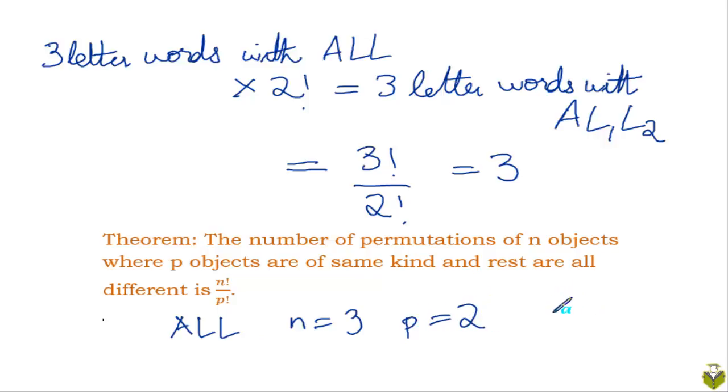So the answer is basically n factorial divided by p factorial, which is 3 factorial by 2 factorial, and it's 3, like we saw before. So this is the theorem you have to remember. It's very easy. You just see how many objects you have which are similar to each other, and you divide by p factorial.